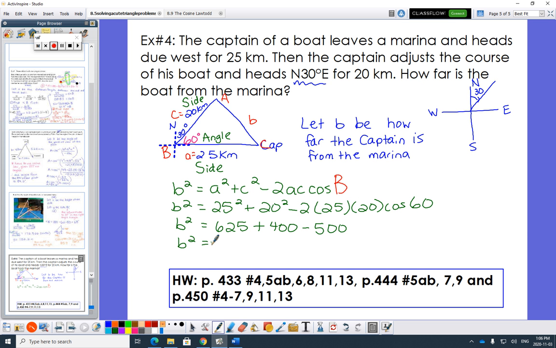625 plus 400 minus 500 is 525. Please don't do all this work and then forget to square root, okay? That's so sad. You did all the hard stuff.